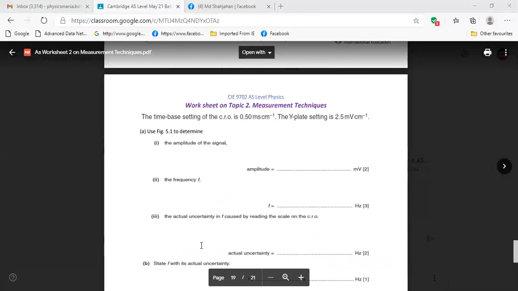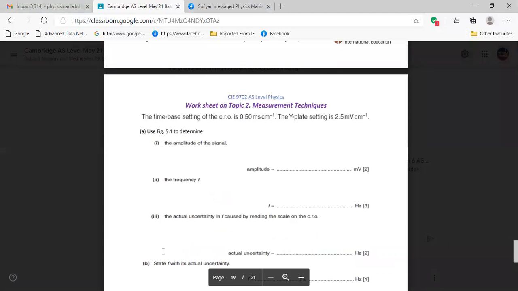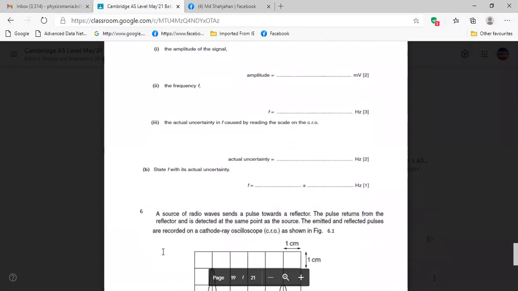Now we are going to the next part, the last part, that is part B. State f with its actual uncertainty. That means you have to just write the answer.